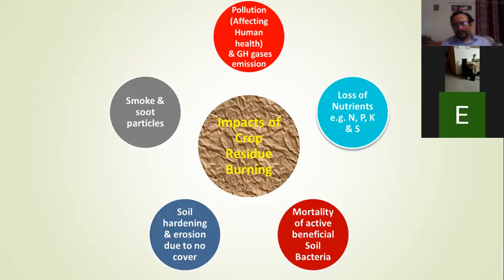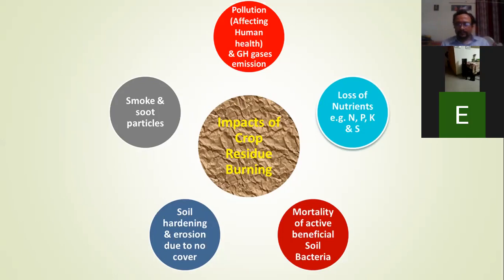These are some aspects of the impact of crop residue burning. It creates so many problems. Smoke and soot particles emerge in the air, pollution affecting human health, and many greenhouse emissions, and loss of nutrients in the form of nitrogen, phosphorus, potassium, and sulfur.